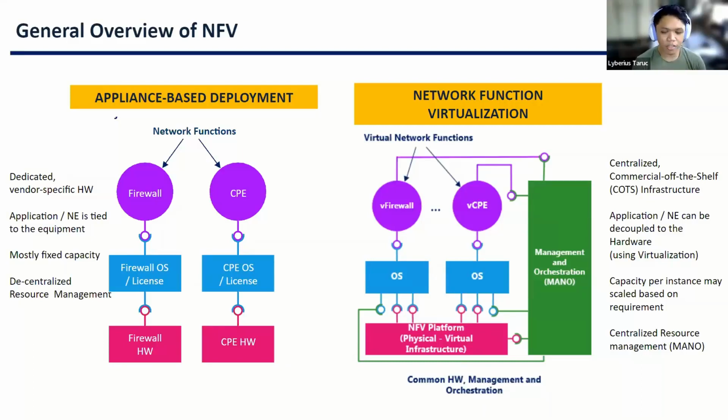If there's a certain feature that we need and it's currently not existing in, say, a firewall that we already have in our network, you have to purchase another one from another vendor.